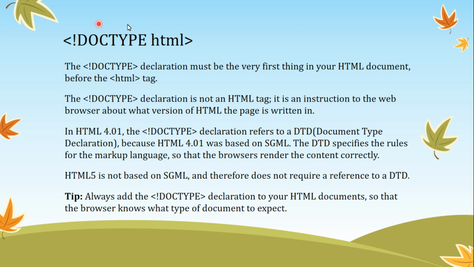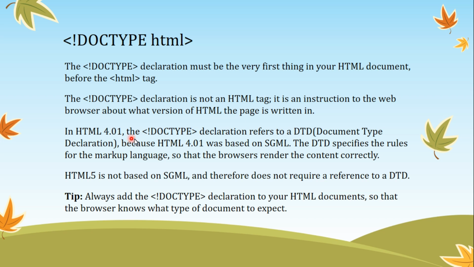So you have understood the meaning of this tag, right? Now remember one thing: the doctype declaration must be the very first thing in your HTML document. The doctype declaration is not an HTML tag. Remember that this is not an HTML tag. It is an instruction to the web browser about the version of HTML the page is written in.